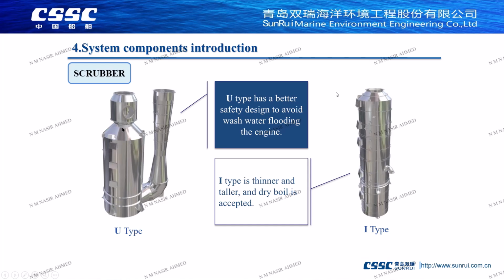The flue gas enters the secondary tower from above first, and then enters the desulfurization tower. The Type I tower is the flue gas directly from the bottom into the desulfurization tower for washing. The U-shaped tower would be relatively safe, with no risk of flooding the tower. But it takes up more space, and the Type I tower takes up less space.